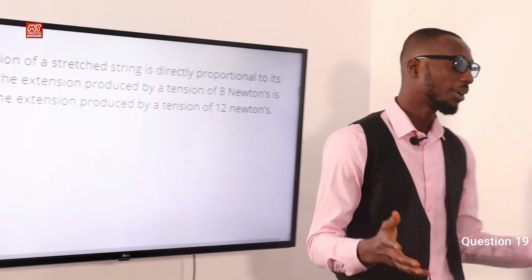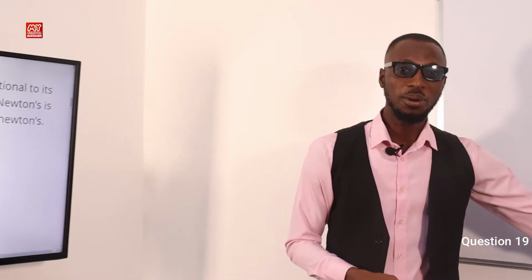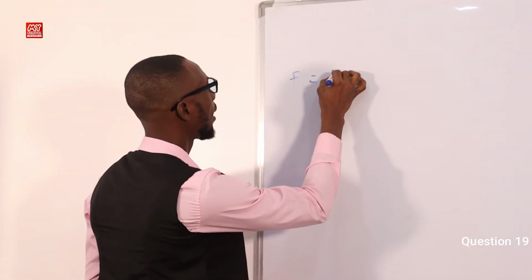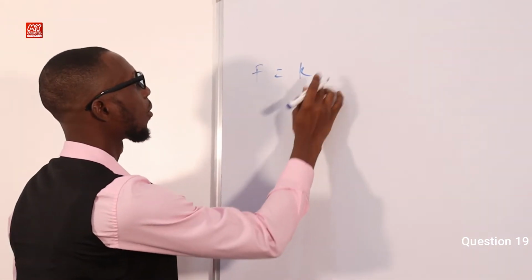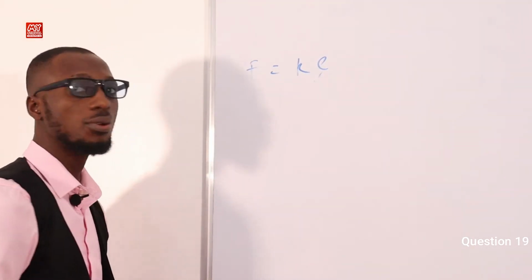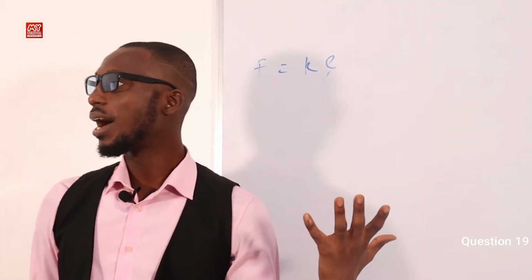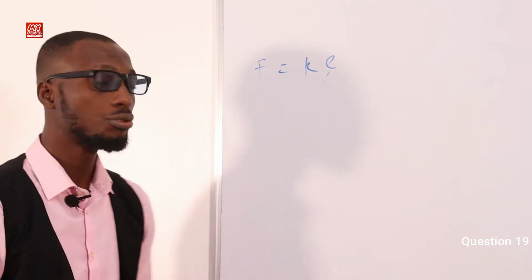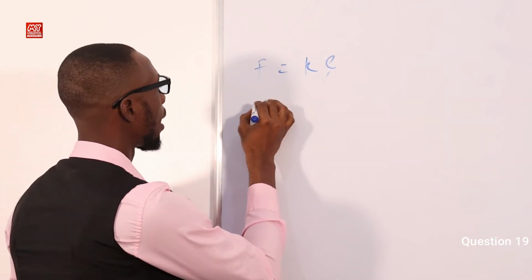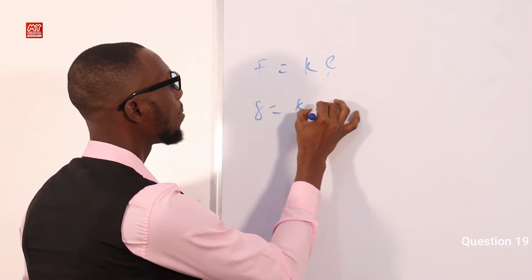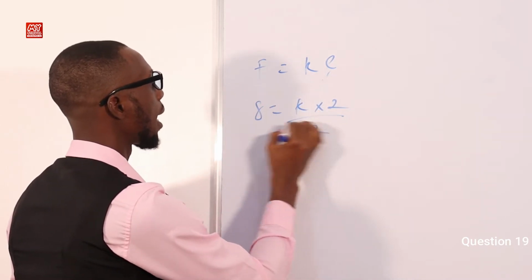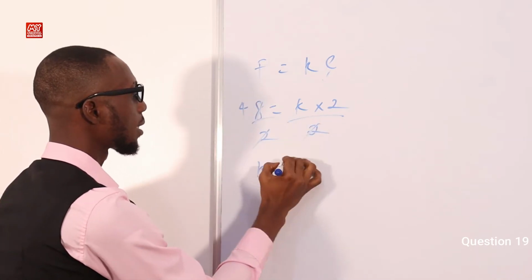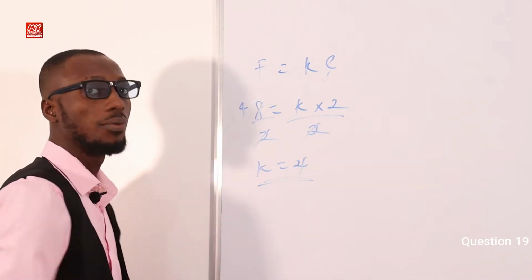We use Hooke's law, which is F equals KE, where K is the spring constant. With a force of 8 Newtons and extension of 2 centimeters, we have 8 equals K times 2, dividing both sides, so K is 4.